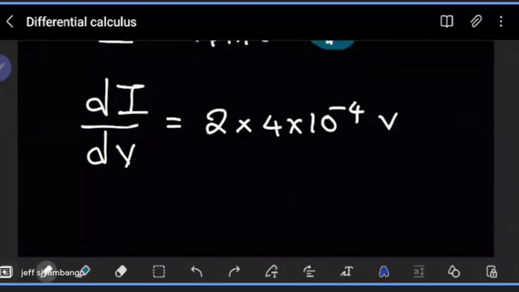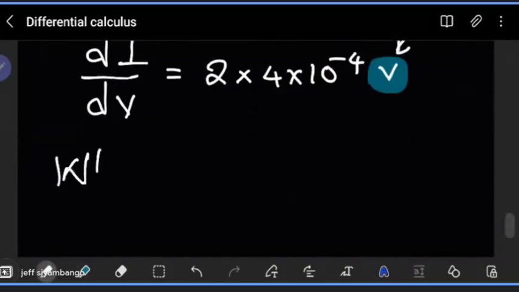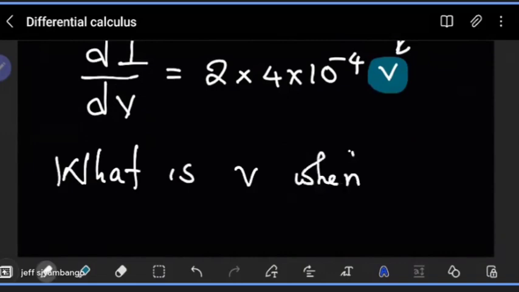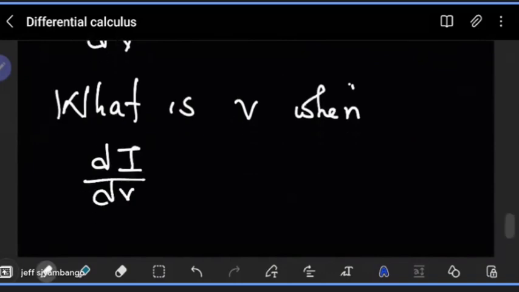But we want to find what V is. So what is V when the rate is 0.6? The rate is given by dI over dV, the change in the luminous intensity with respect to voltage.